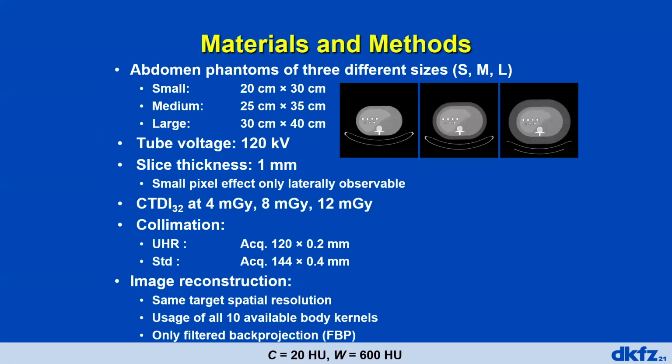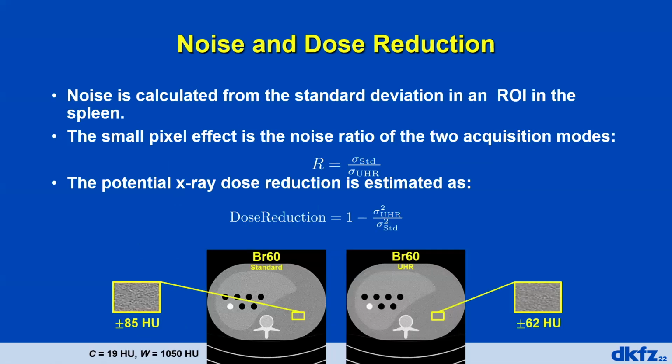We performed a couple of phantom experiments at 120 kV, reconstructed that to a slice thickness of 1 millimeter, and we basically tried out every spatial resolution level that is available at the system, and we quantified image noise and radiation dose. And here you see a nice example of how these measurements look.